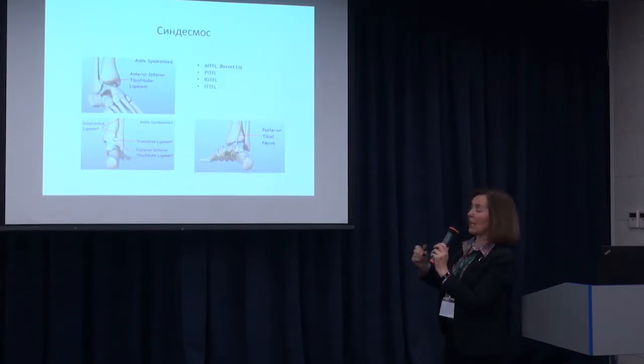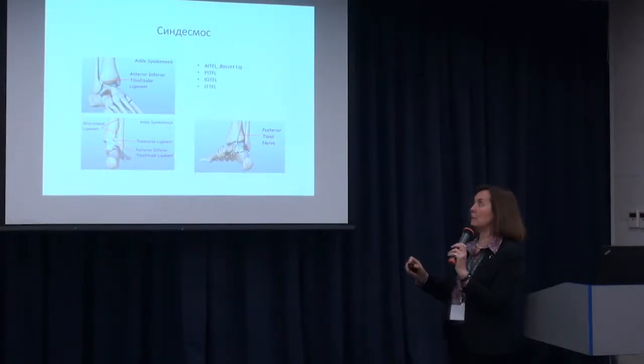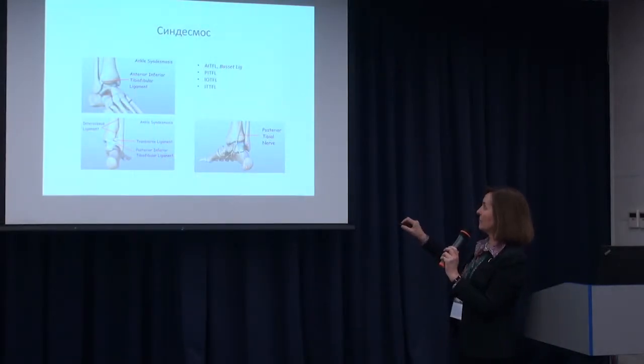If we look at the syndesmosis, so now we're talking about the juncture between the tibia and the fibula in particular. So here we're looking at the anterior inferior tibiofibular ligament.